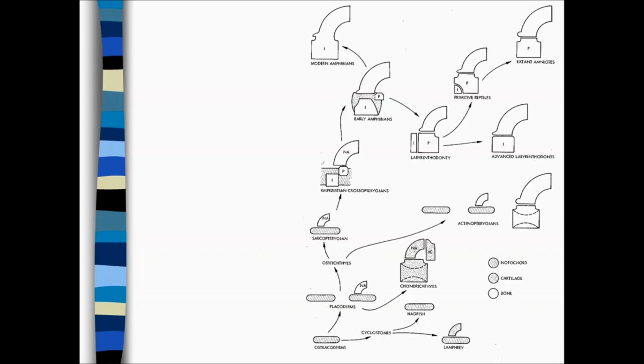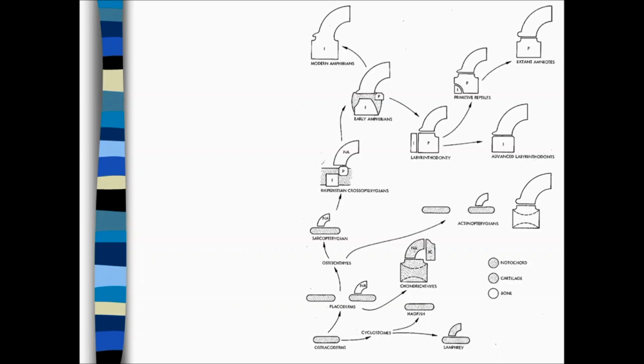Here's the neural arch, and it's sitting on top of these two segments, these two myomeres. And we have this region of ossification here, and this centrum is actually divided up into two parts. There's a part called the intercentrum, labeled with an I, and another part called the pleurocentrum, labeled with the P.